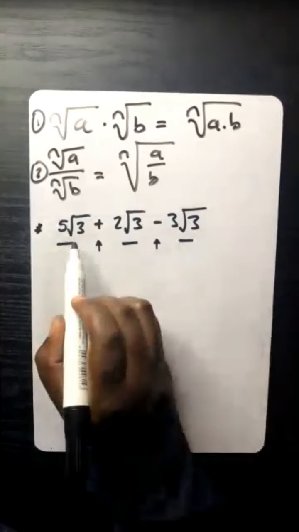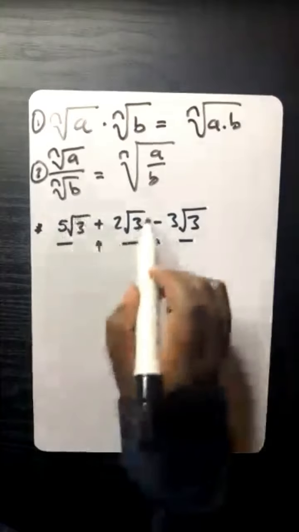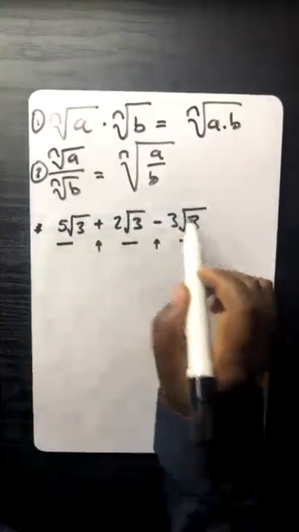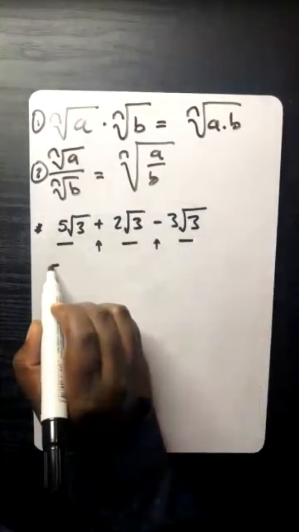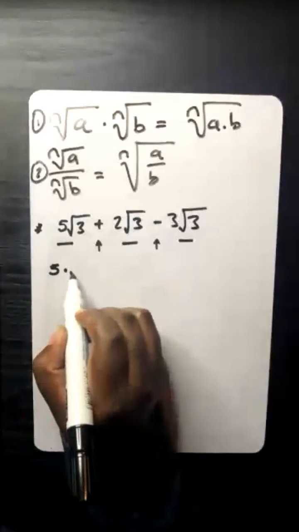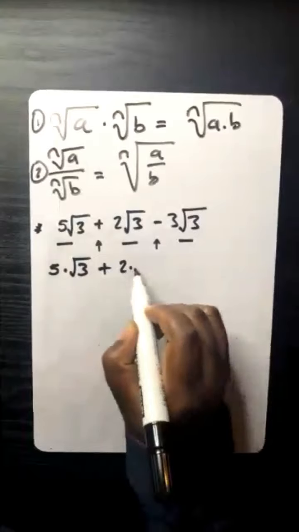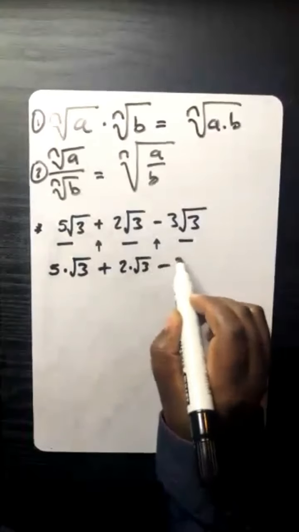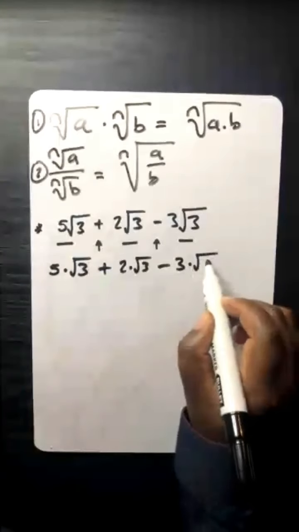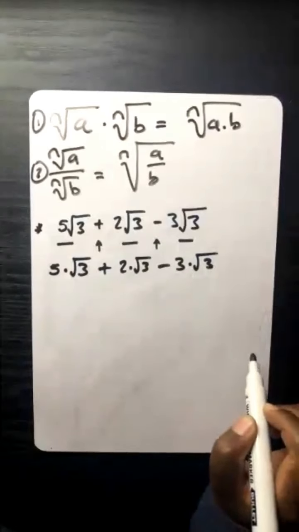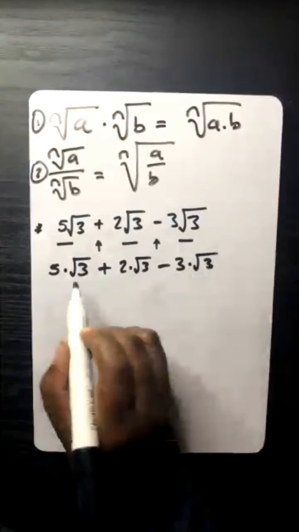A common factor is that square root of 3 over there. Remember, this can be written as 5 multiplied by square root of 3 plus 2 multiplied by square root of 3 minus 3 multiplied by square root of 3. So can you see now, Shreyas, that we've got a common factor of square root of 3?